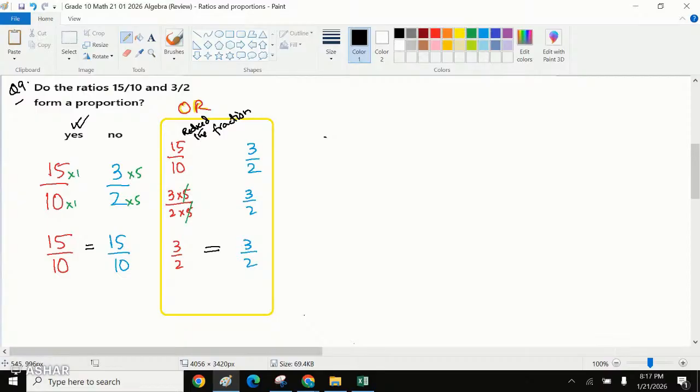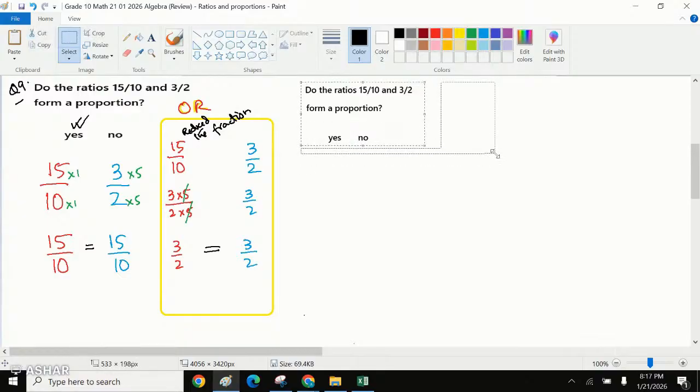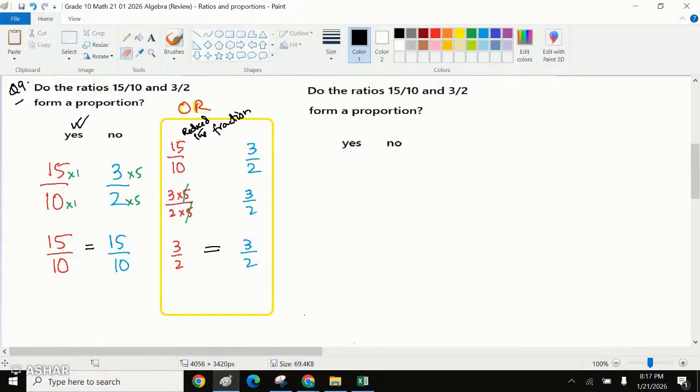Okay. Let's look at the same question with inverted values. I'll just copy the question, making it question number 10. What I will do is flip the fractions in this case, and we'll see if we flip the fraction, would it still stay the same?